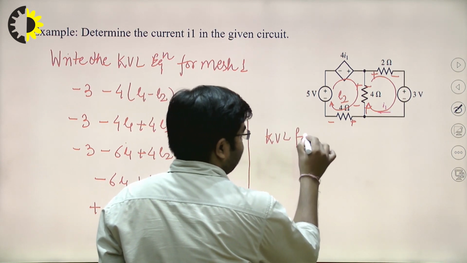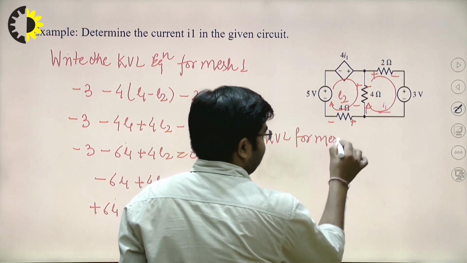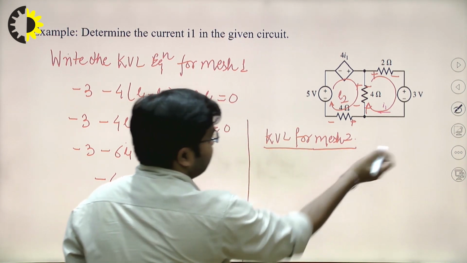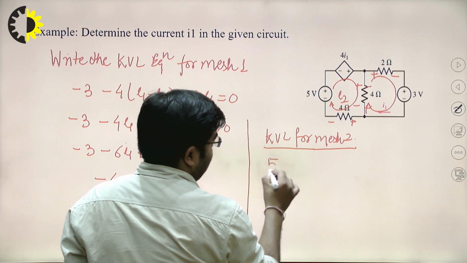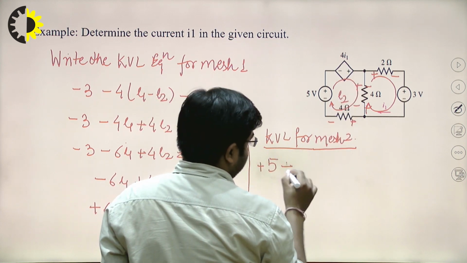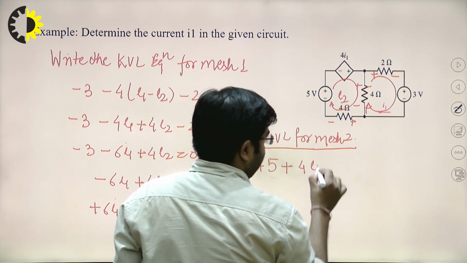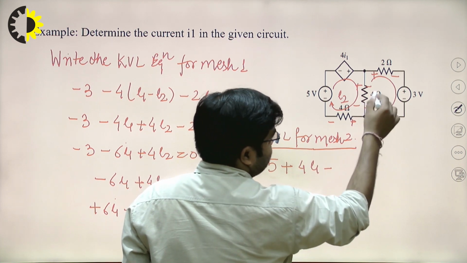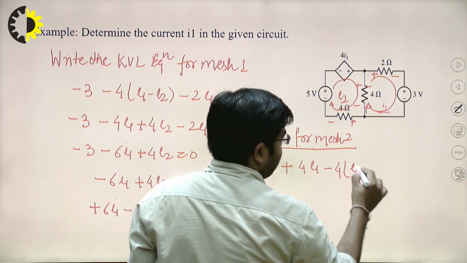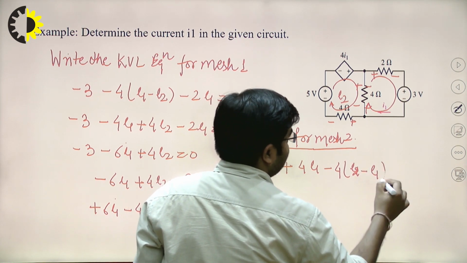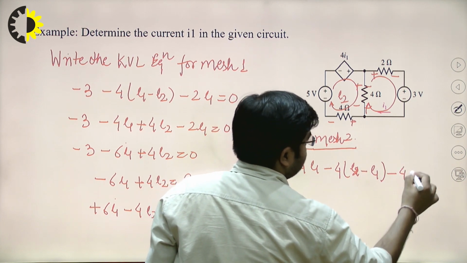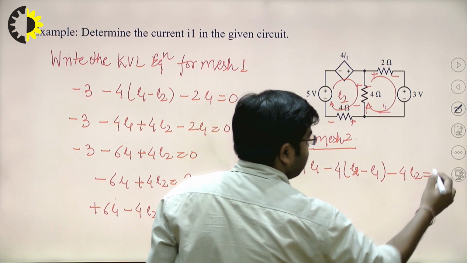KVL for mesh 2. So 5 plus 5, then plus 4 I1 minus, then voltage drop across this resistance, so 4(I2 minus I1), then voltage drop across this resistance minus 4 I2, that is equal to 0.